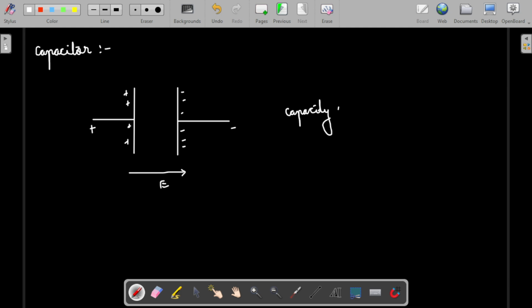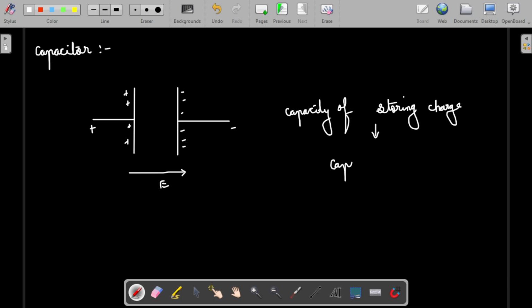The capacity of storing charge is stated as the capacitance.